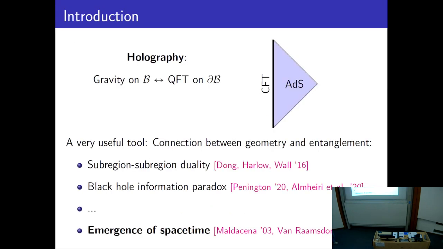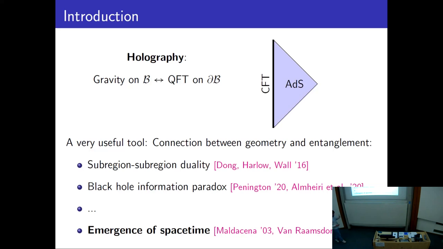Just in case someone got lost and ended up in the wrong room, this talk is mainly in the context of holography, in which gravity in a bulk space-time V is completely dual to a quantum theory defined on a time-like boundary of this space-time.